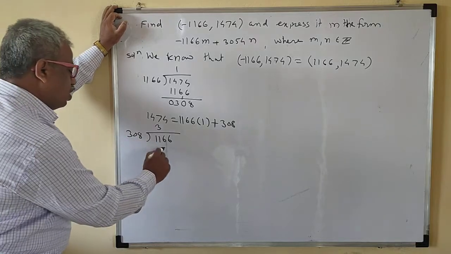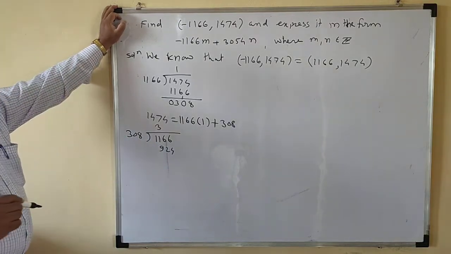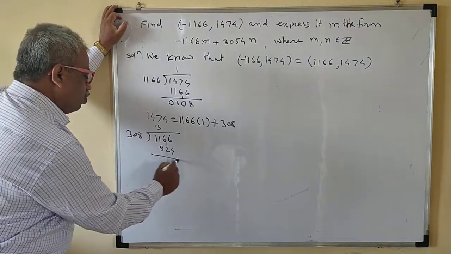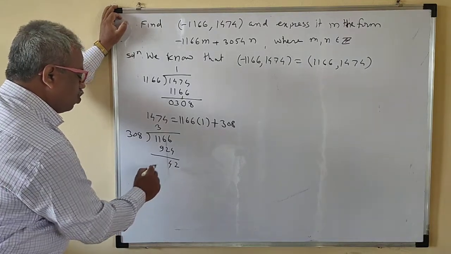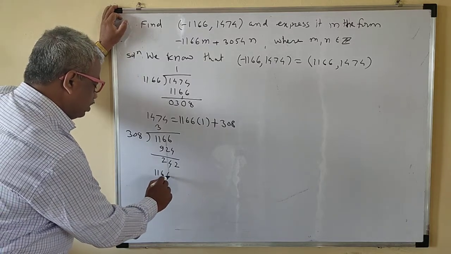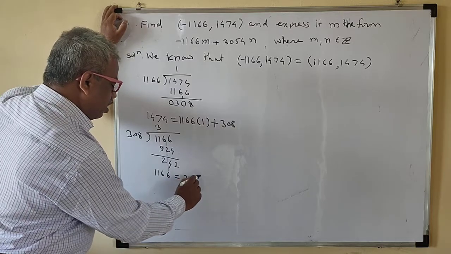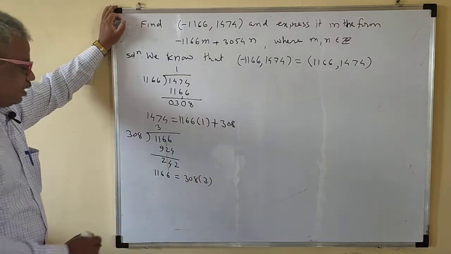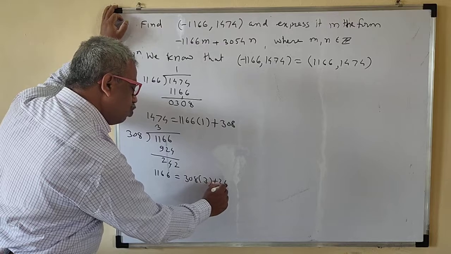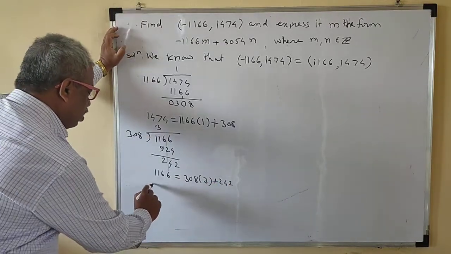So this is 924, and the remainder is 242. So 1166 is equal to 308 into (3) plus 242. Always write the quotient in the bracket.